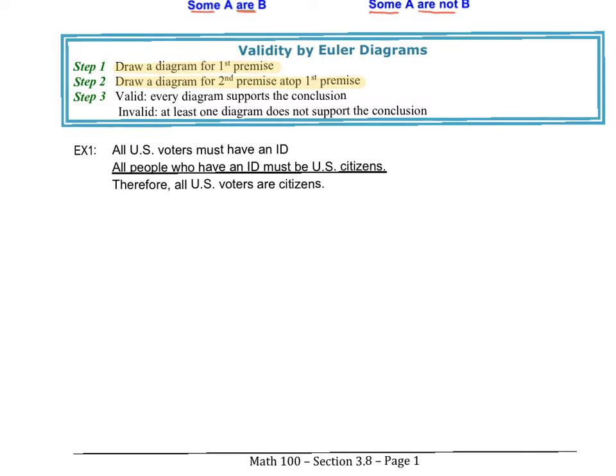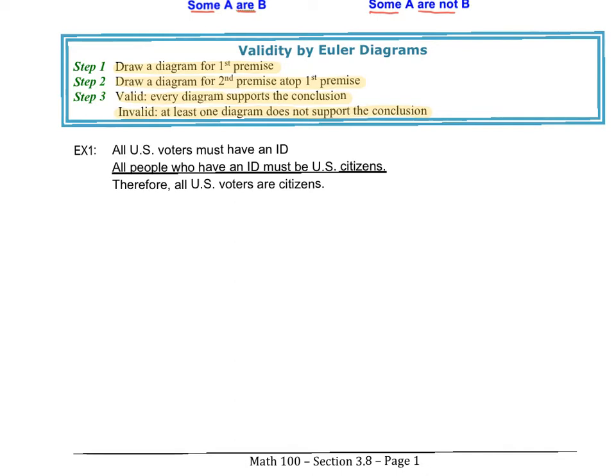So our argument is valid if every diagram supports the conclusion. So if every possible diagram supports our conclusion or makes a conclusion true, then the argument is valid. However, it's invalid if we can come up with at least one diagram that does not support the conclusion.